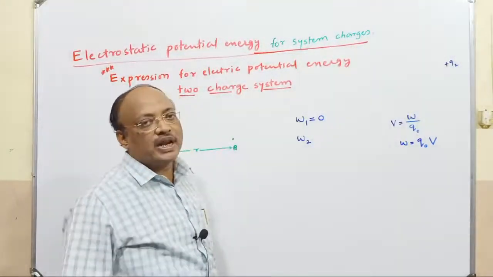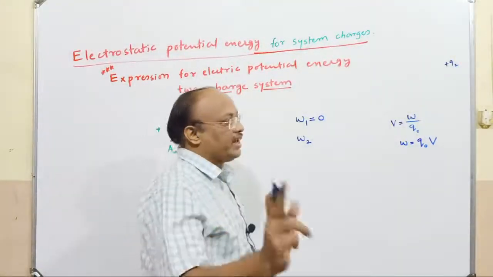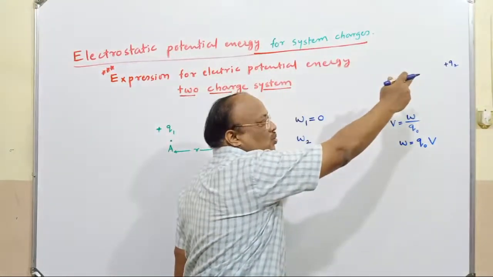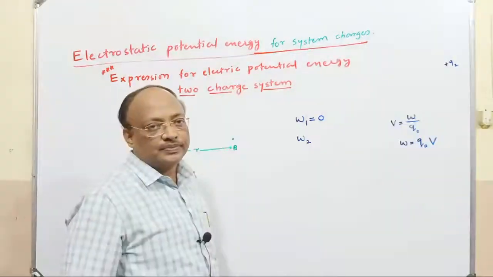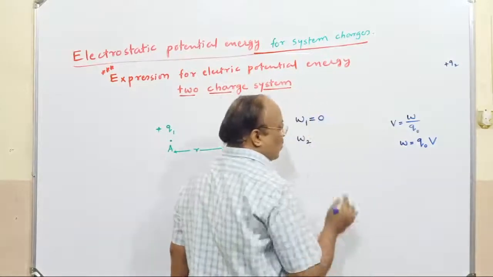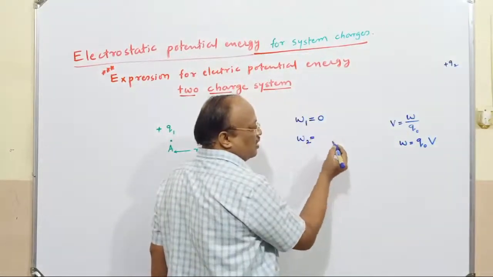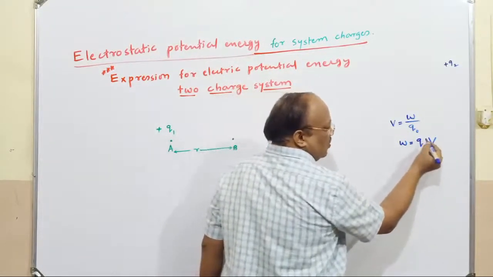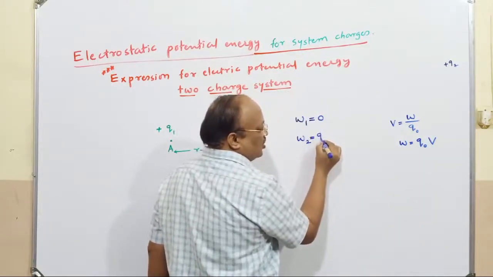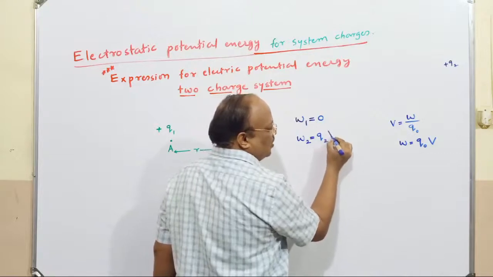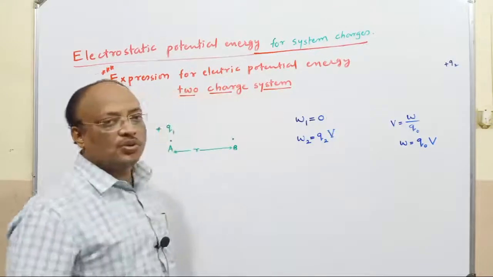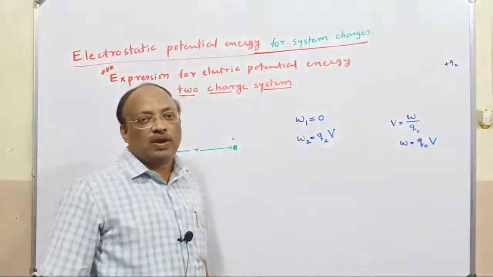What am I doing now? I am bringing a charge of Q2 from infinity to this point. So what is the amount of work done? For a test charge it is Q naught into V, so here, bringing a charge Q2, it is Q2 into V. What is V?